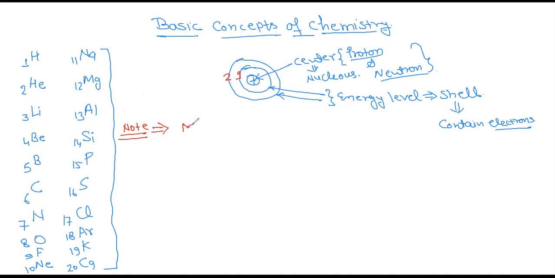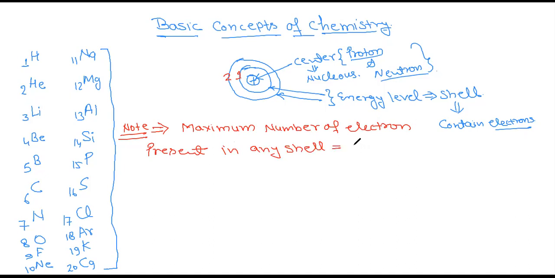The maximum number of electrons present in any shell is equal to 2n squared, where n is equal to 1, 2, 3, and so on. Here I'm telling you one more thing.